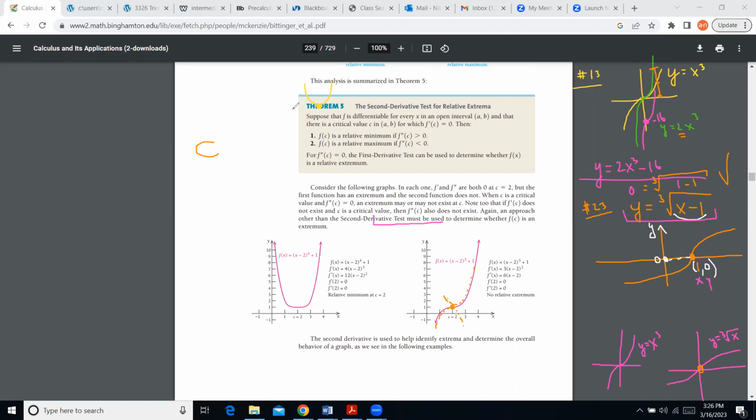So if I go back and look at exercise 13, I can see such a point here at -16.